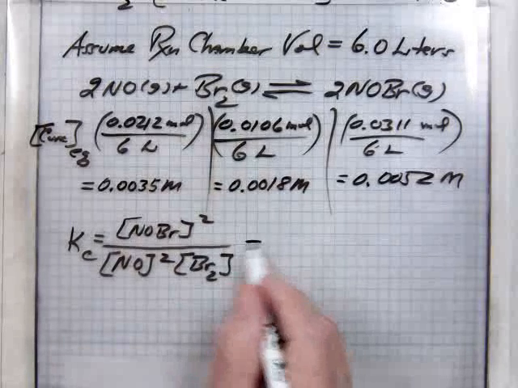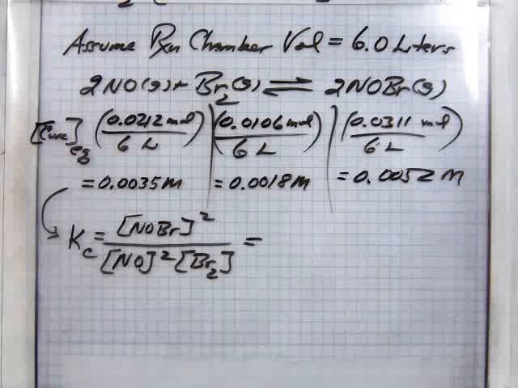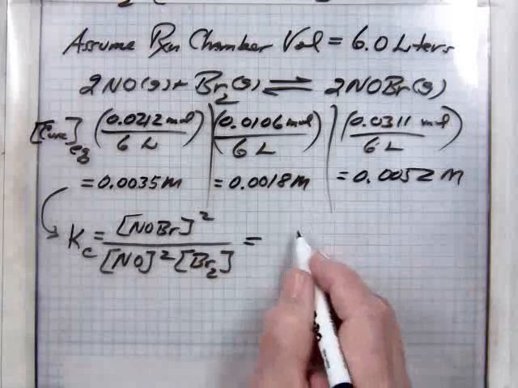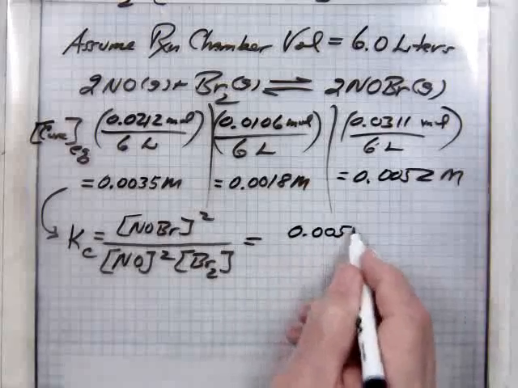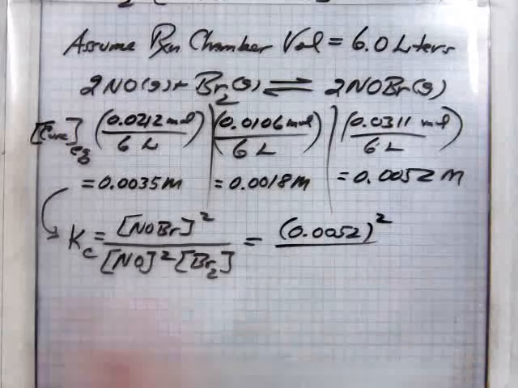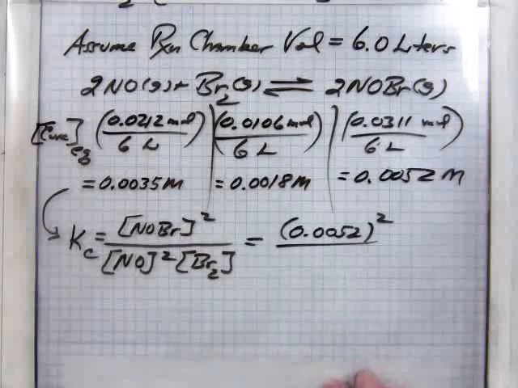Then we simply substitute those values into the expression and solve for a number, which is a reflection of its extent of reaction. Now, of course, you'd be comparing it with some other reaction of similar nature and for whatever reasons you are doing the research. NOBr is 0.0052 molar. You can drop the units at this point and just put numbers in because it's the value that we're looking for.